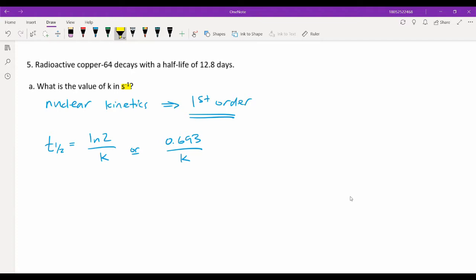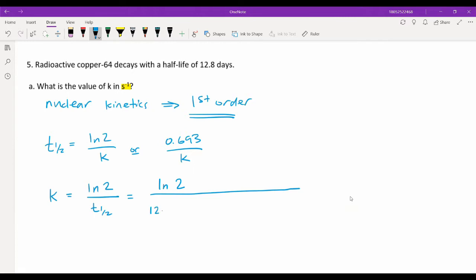So we'll need to convert our half-life into seconds. If I solve this expression for k, it just becomes natural log of 2 over the half-life. Or again, you can write 0.693 instead of ln 2.